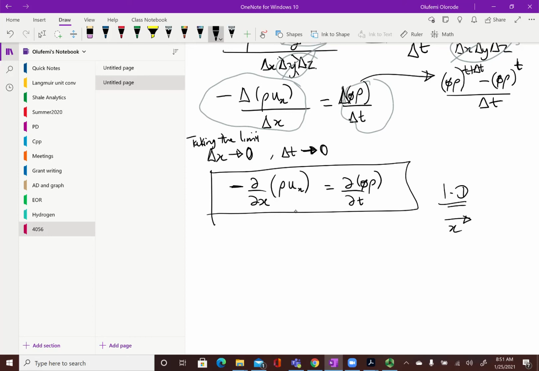So we can go a step further and substitute Darcy equation for ux. And what's Darcy equation for ux? It's minus permeability in the x direction, right, over mu partial derivative of p with respect to x.